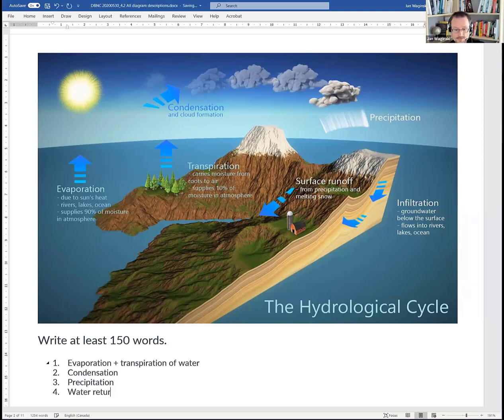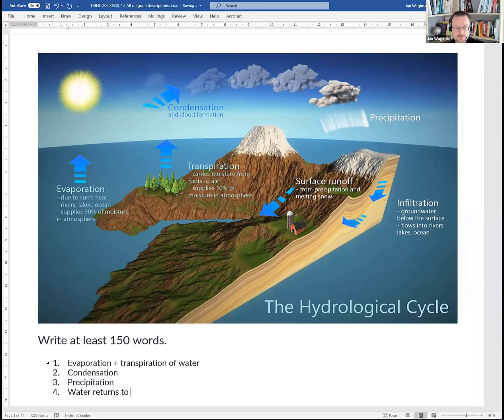Water returns through two phases or two steps. Actually, that's true. Okay, so what are we calling the final step? Hydrological cycle?